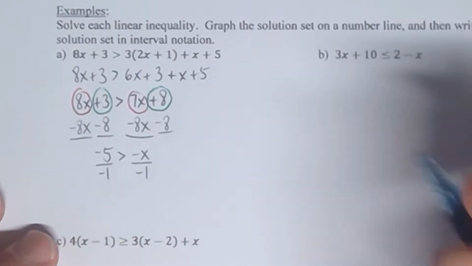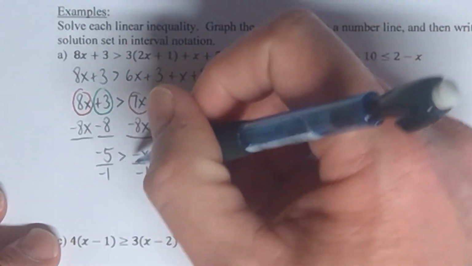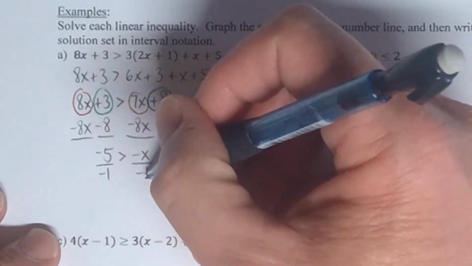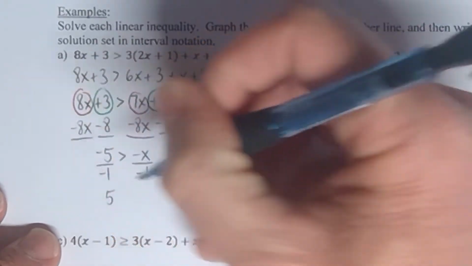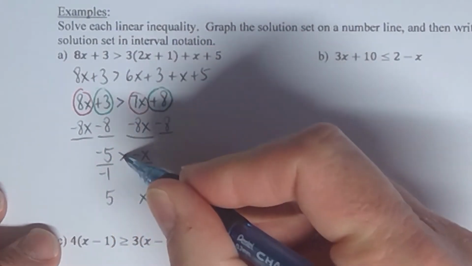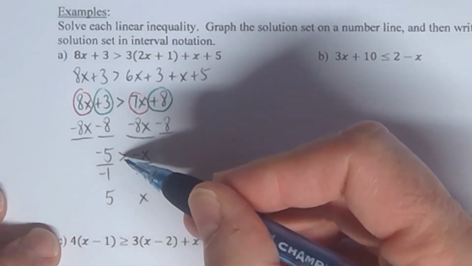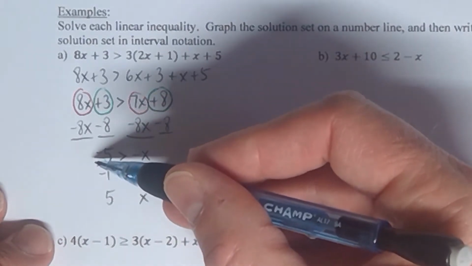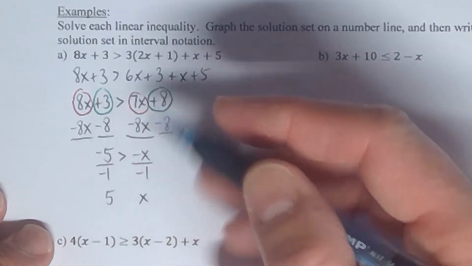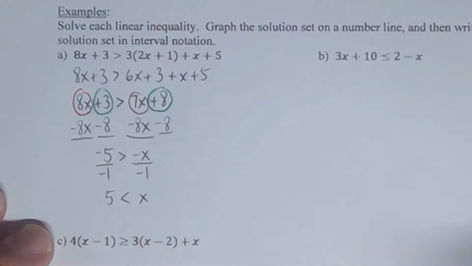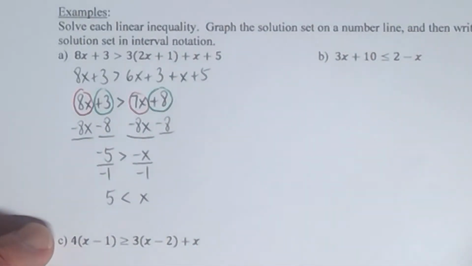Okay? So since I'm dividing by negative 1 on both sides, I have to take this inequality symbol, which is currently, the alligator is currently biting in this direction, right? And it looks like greater than. It's going to flip around and look like less than now, isn't it? It's supposed to flip around.